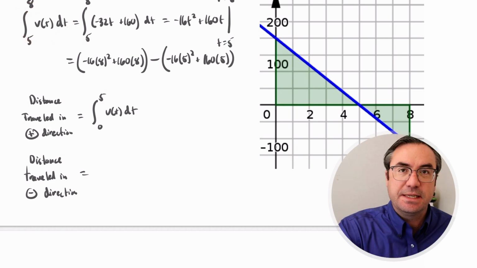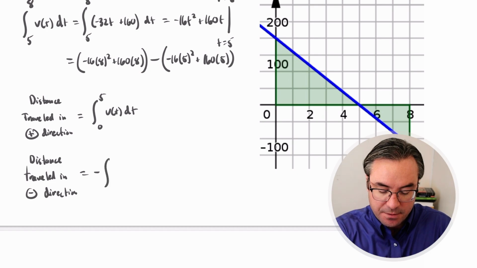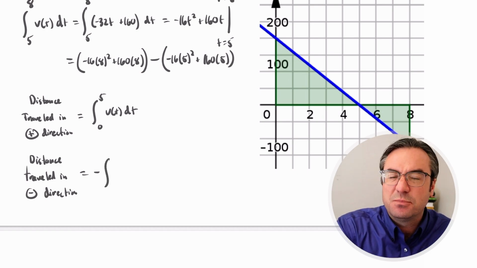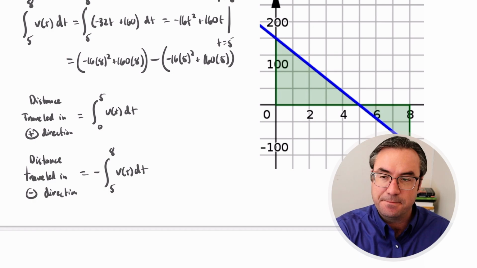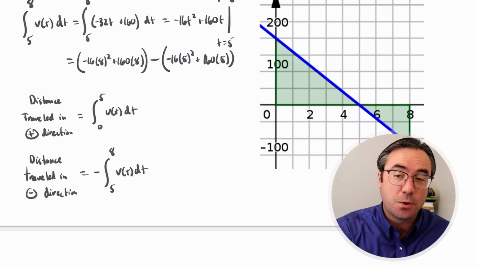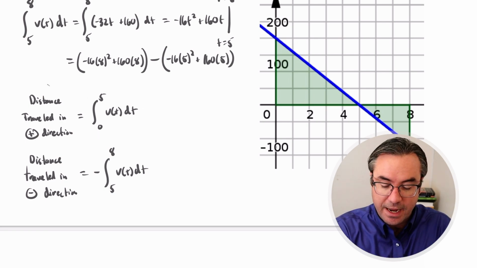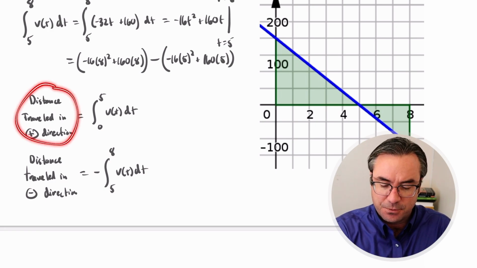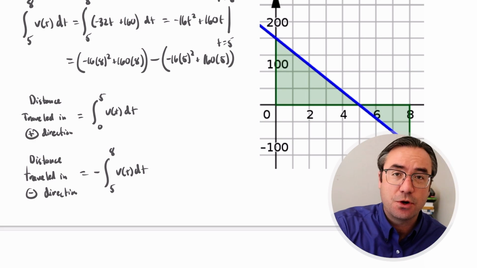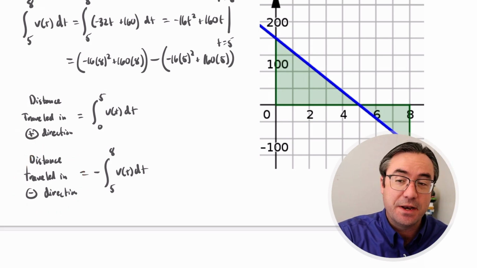This integral is doing most of the work for us, but we just have to take the absolute value. We have to do a double negative, essentially. So we're integrating from 5 to 8 of this velocity. And then to get the total distance, we're going to add these two values together. We're going to add our total distance going in the positive direction and add to it the total distance going in the negative direction.